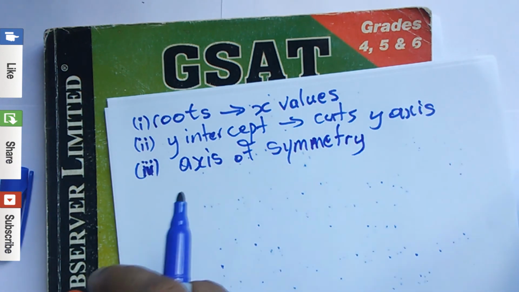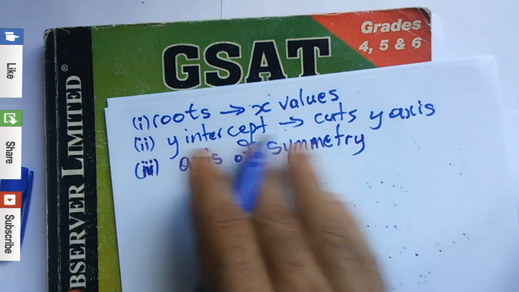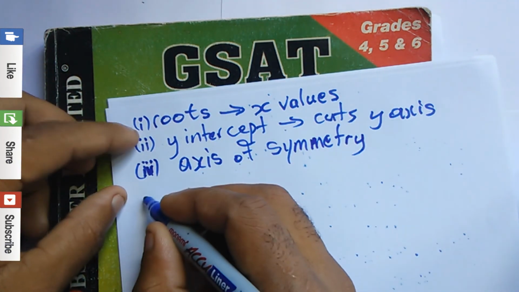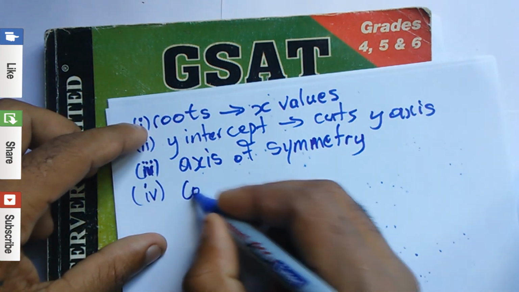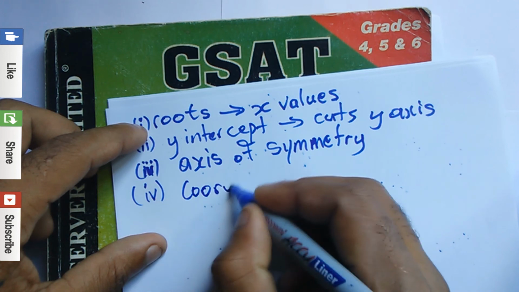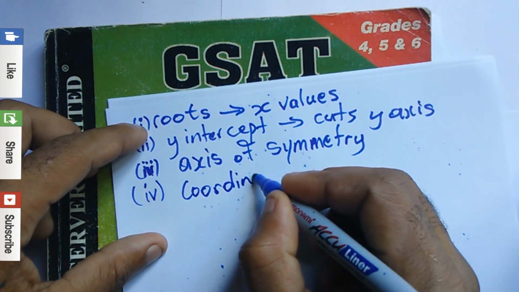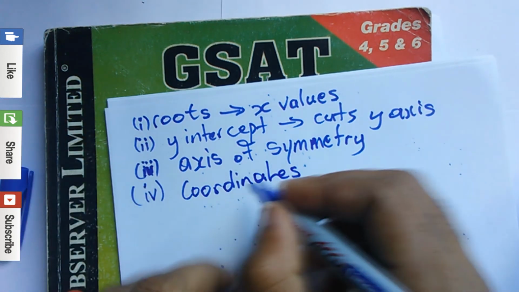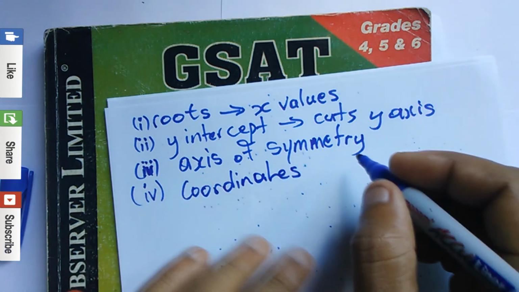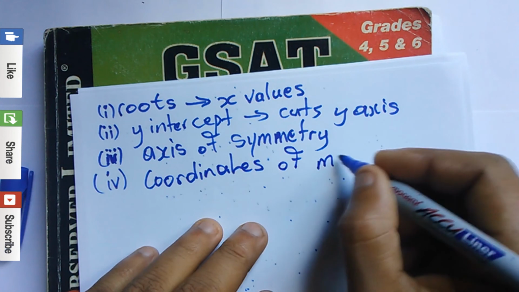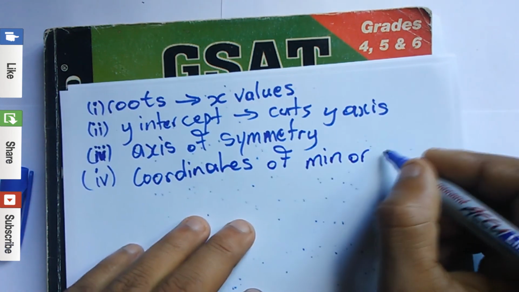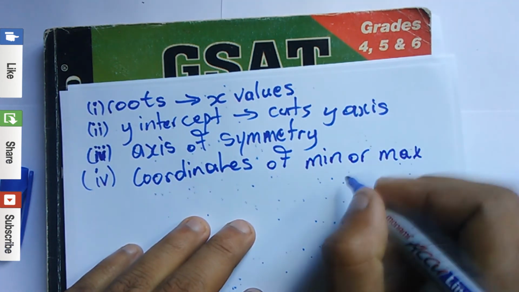I'm going to draw that line and label all of those points on the graph. I'm also going to show the coordinates of the min or max point.